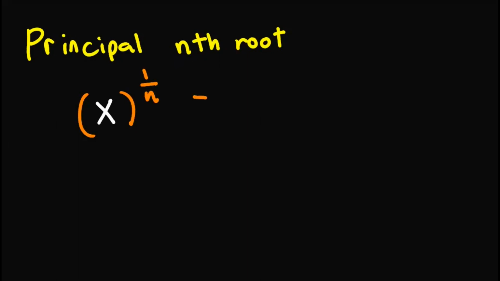That's why we call this one the nth root of x. And since we're dealing with principal, we'll be taking the positive one. Is there a possibility that the outcome is negative? For sure, and we will discuss that later when we talk about the secondary nth root.